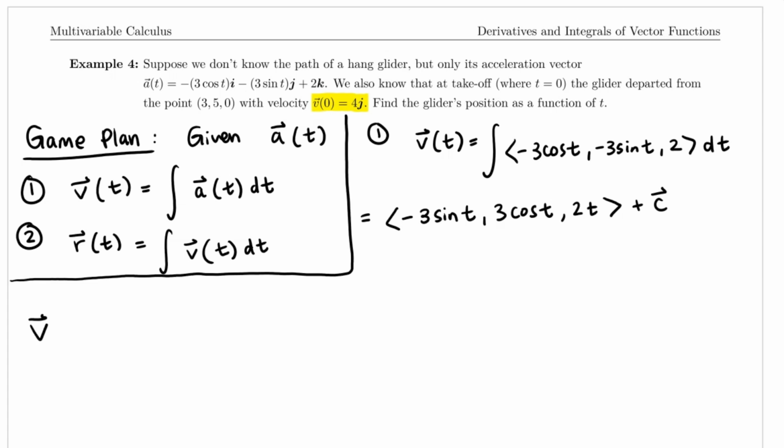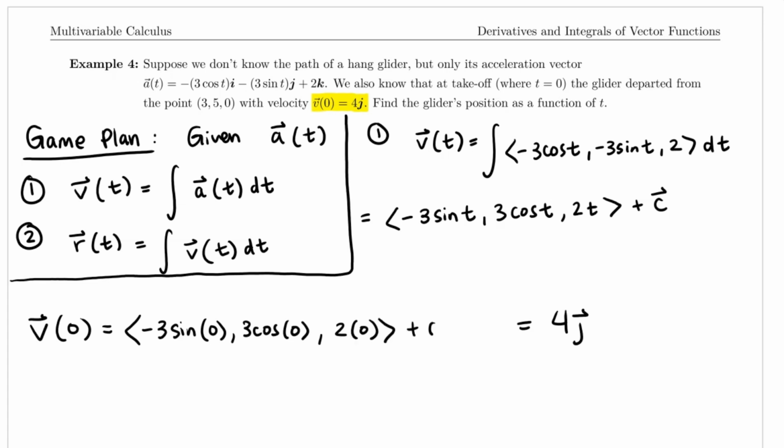All right, so I know that v of 0 is equal to 4 times vector j, and we have the velocity function, so I'm going to go ahead and plug in 0 for t. Okay, so sine of 0 is 0, cosine of 0 is 1, times 3 is 3, 0, and instead of 4j, I'm going to rewrite that.